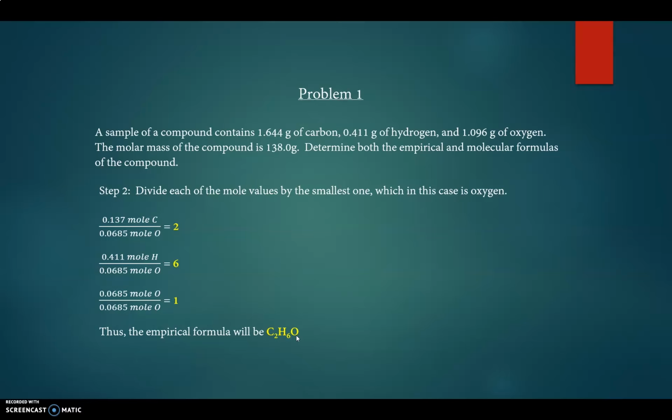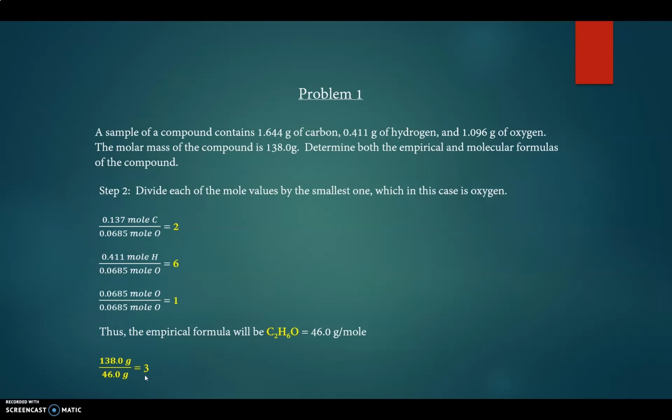The way we figure out the actual formula is we need to look at the molar mass. So if we add up 2 C's, 6 H's, and 1 O, we find out that our empirical formula has a mass of 46 grams. If we divide that into 138 grams, which was the molar mass of the actual compound, the molar mass of the compound divided by the mass of the empirical formula should always be a whole number.